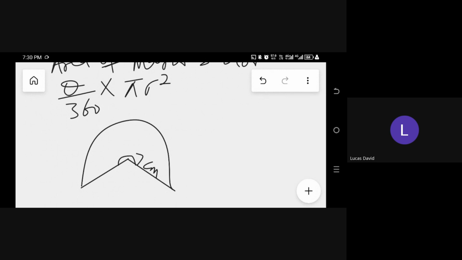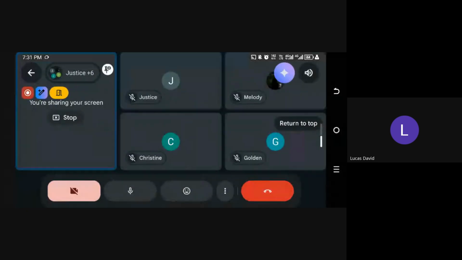Look at the diagram. What would be theta, the angle for the major sector? So let's hear from Melody. Melody, what is theta for the major sector? All right, very good. 260.